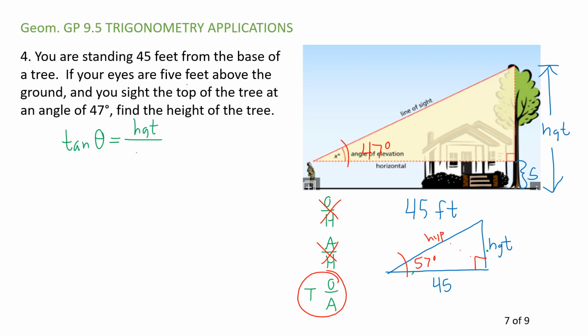Whoops, I'm writing the formula here. So fill it in. Tangent of 47, which is just a number, is equal to the length of the opposite side, which is my variable in this case, over the length of the adjacent side.